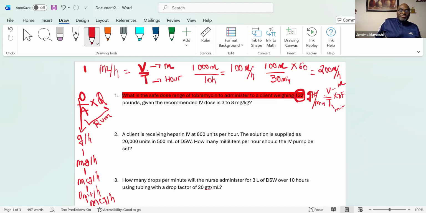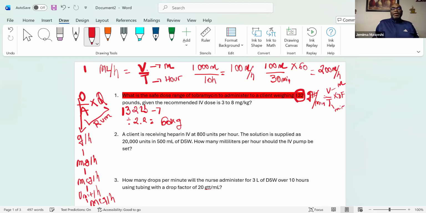Now you're going to have 60. Remember, we have this 132 pound, you convert that to kilogram. Pound to kilogram, you have to divide that by 2.2, and whenever you divide this by 2.2, you will have 60 kilogram.